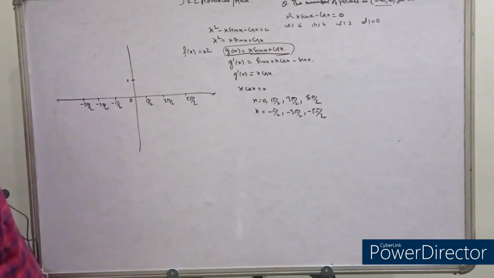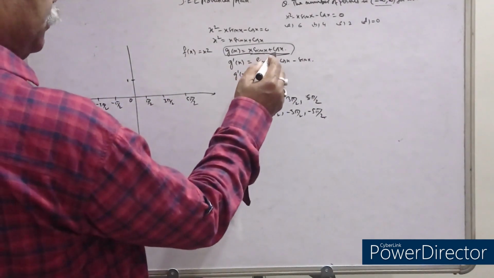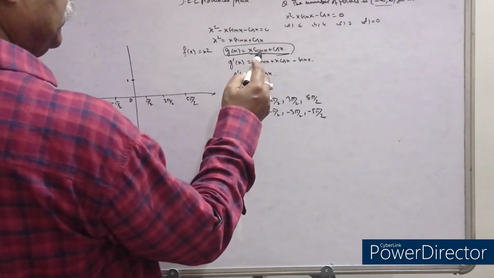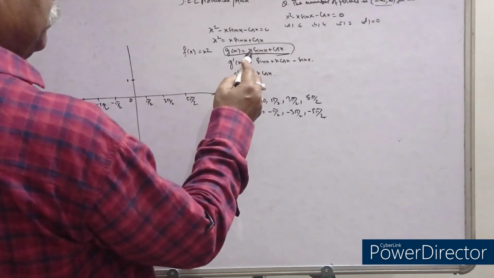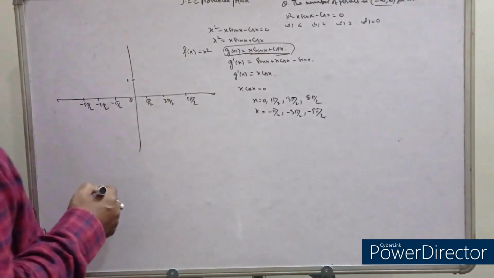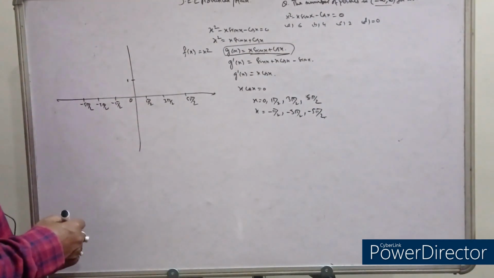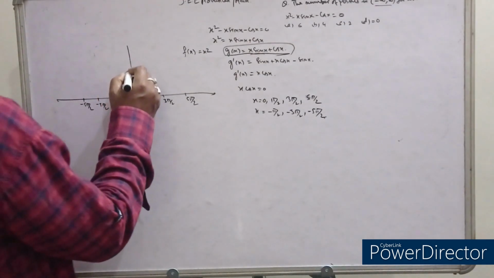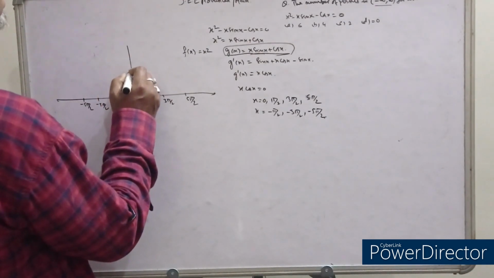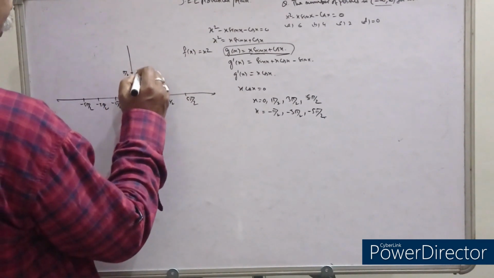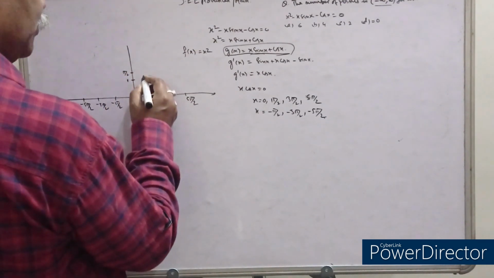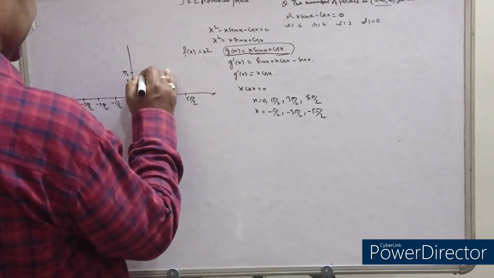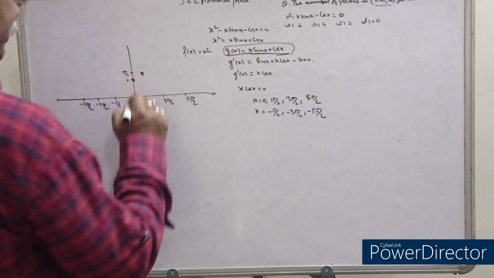And when you take pi by 2, its value is 3.14 divided by 2, that is 1 point something, so it must be greater than 1, somewhere here. So at pi by 2, your value is here. First point is 0, and then at pi by 2 it is somewhere here like this.